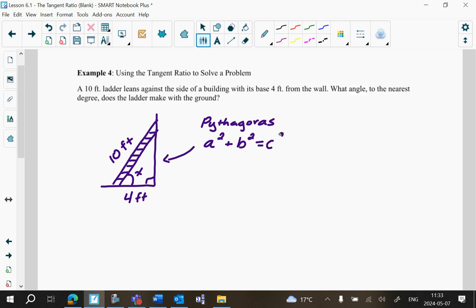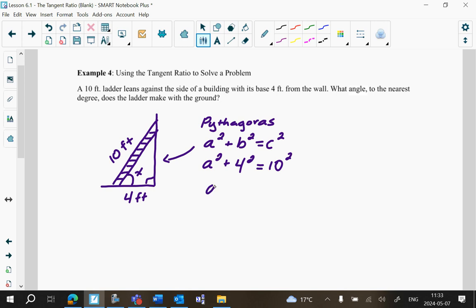Make sure you fill in the correct numbers in the correct spots. So one of the legs is missing, so I'm just going to leave it as a squared, plus the other leg, which is 4 squared, equals the hypotenuse, which is 10 squared.